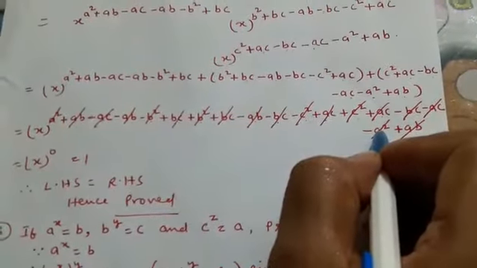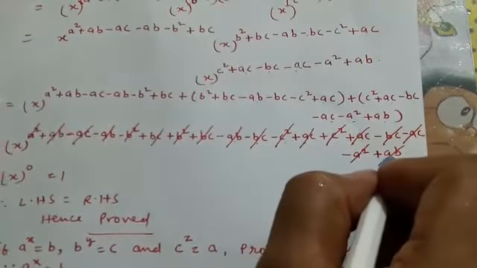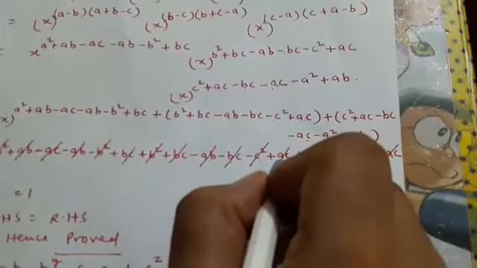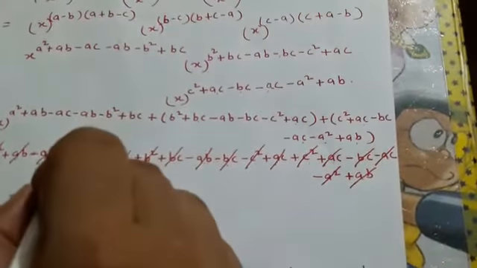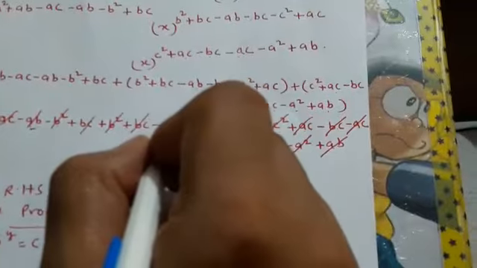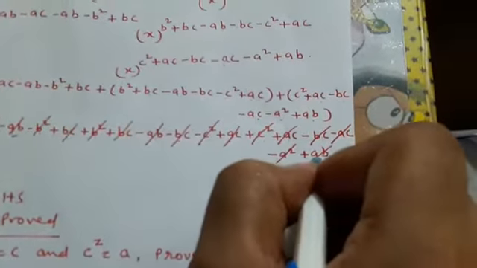So a square and plus a square minus a square will cancel out. Plus ab and minus ab will cancel out. Minus ac and plus ac will cancel out. Similarly minus ab and plus ab, minus ab and plus ab will cancel out.